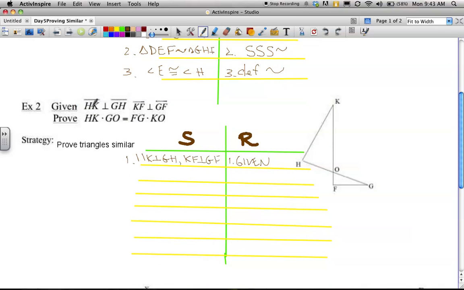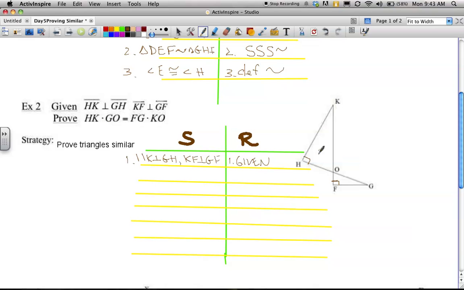The next one, given that HK is perpendicular to GH and that KF is perpendicular to GF, prove that HK times GO equals FG times KO. Well, I may be a little stuck on where to start, so a strategy would be to first prove that the triangles are similar.